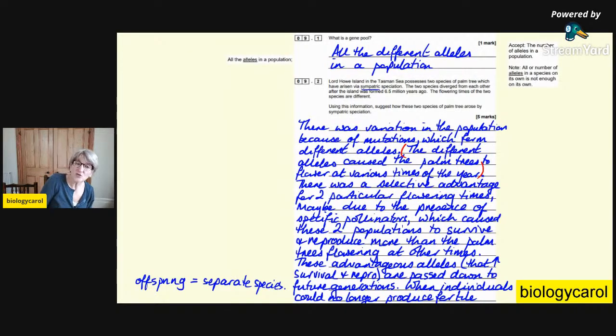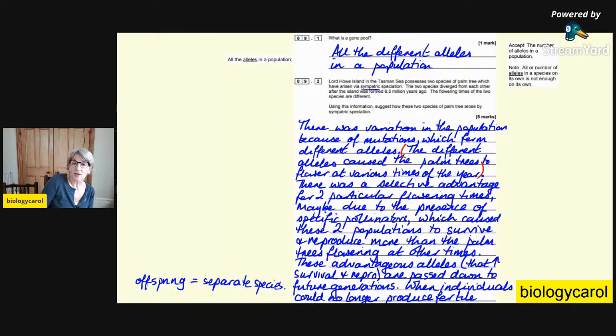I wasn't sure whether I would need an extra bit of detail applied to the question, this bit here: the presence of specific pollinators, to explain why these two particular flowering times might lead to increased survival and reproduction.